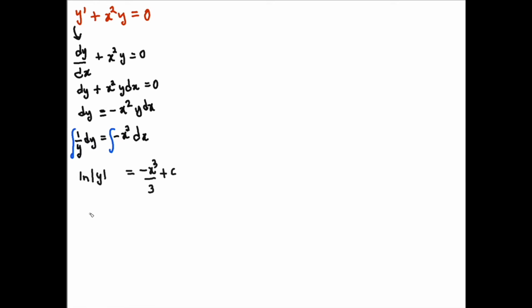So the first thing we can do is take the exponent of both sides. I'm just going to put that in a different color. Take the exponent of both sides.